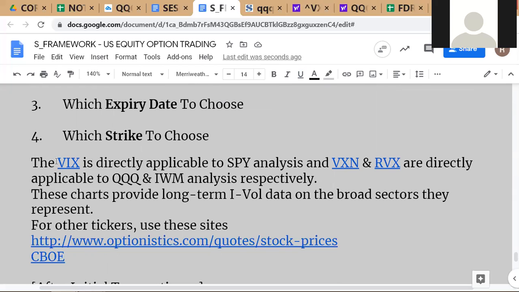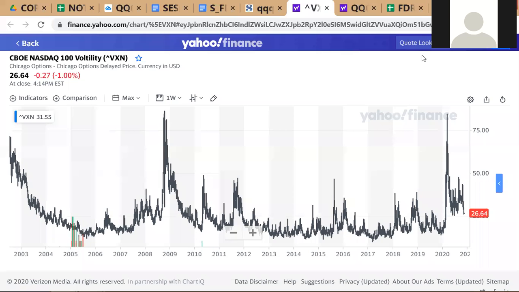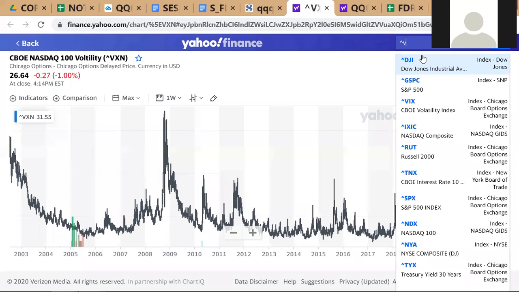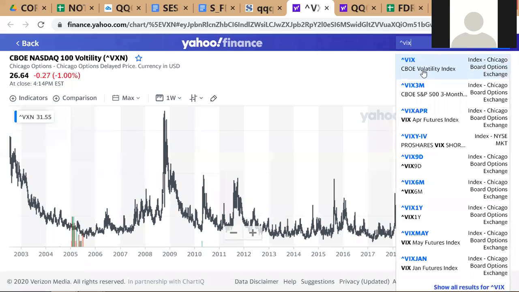So in Yahoo Finance, you have to write caret VIX. When you launch this link, you'll automatically see the caret. Notice this caret here. You write the caret, then VIX, and then it will show you.